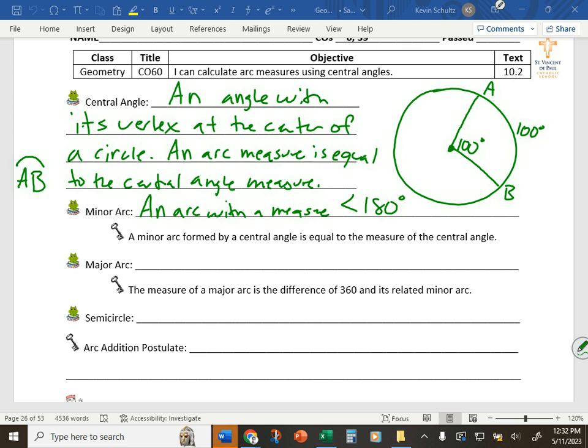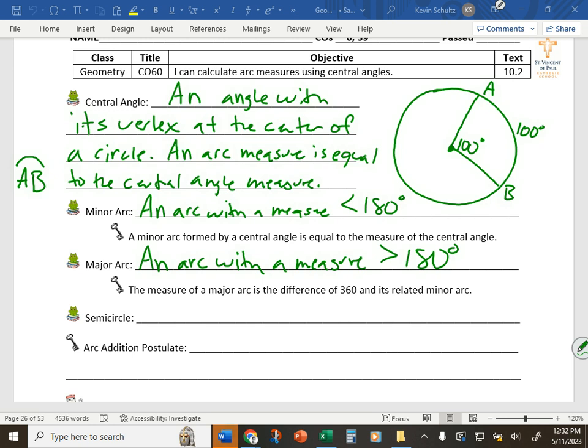A major arc is an arc with a measure greater than 180 degrees, with a maximum of 360. The other angle in a triangle is a right angle, which has a very specific measure.